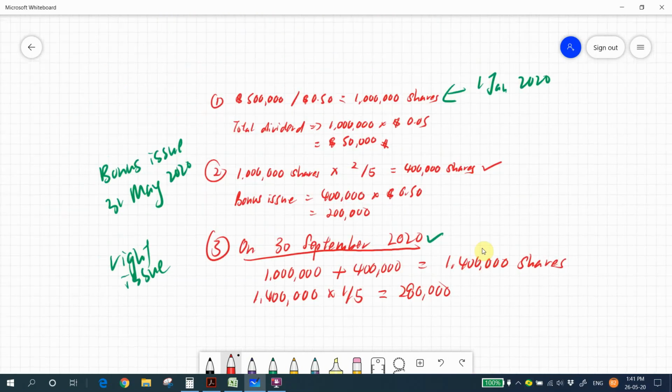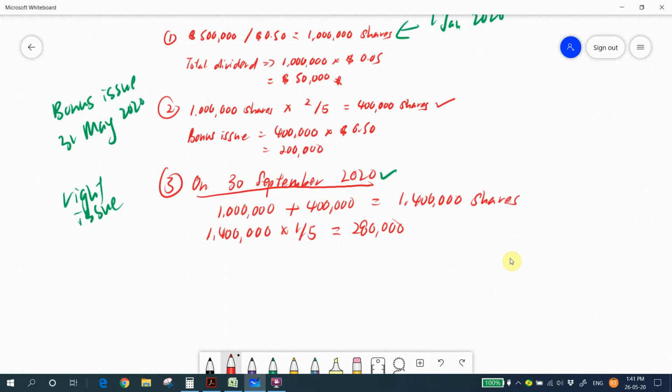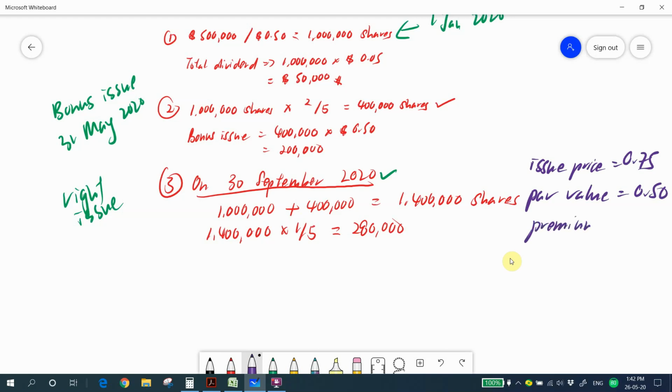Next, we have to consider how to allocate the collection from the rights issue. We know that the issue price is 75 cents. The par value is 50 cents. From here, we can know that the share premium is 25 cents each. So the working will be in this way.